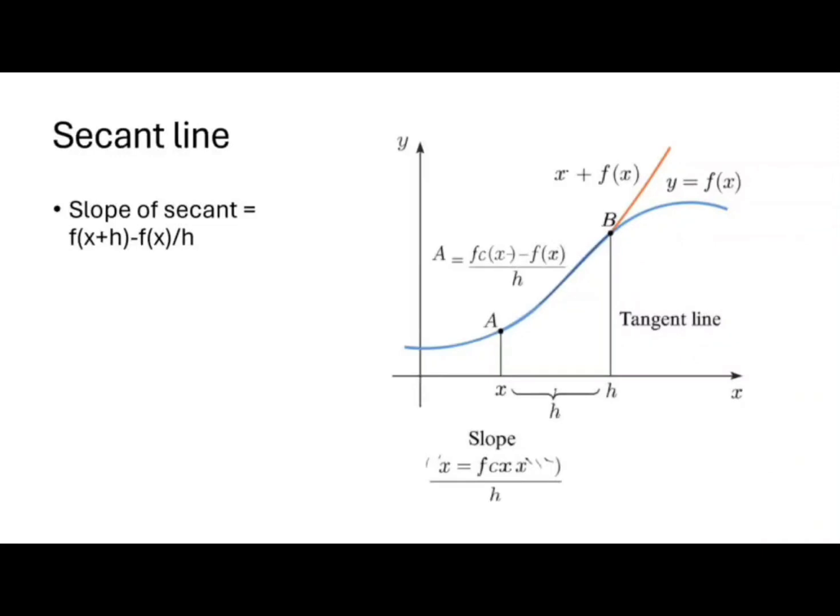Now, imagine sliding point B closer to point A by making h smaller and smaller. For example, h approaches 0.